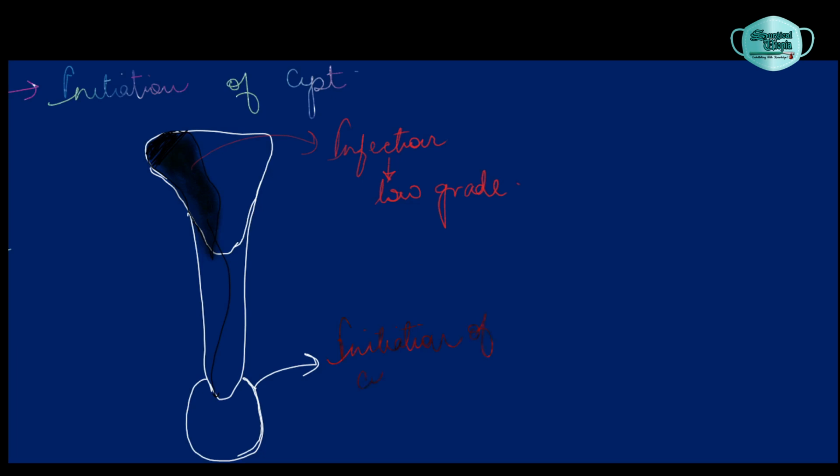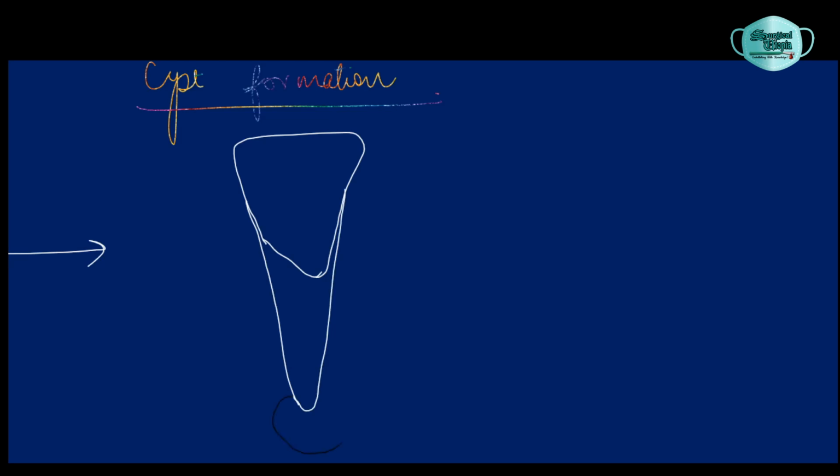For example, the cell rests of Malassez or the cell rests of Serres, and this causes the initiation of cystic formation.